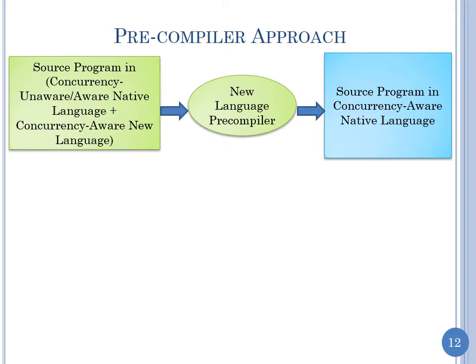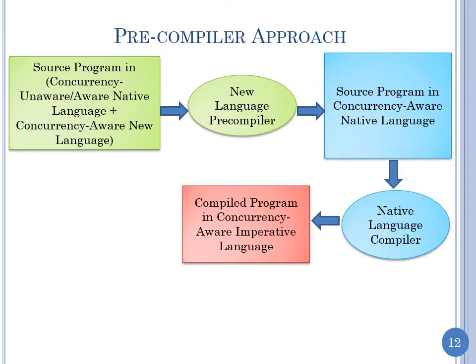So I can imagine taking C plus the C pragmas, converting that into Java. Nobody does that. Or I can just convert it into Java, which is concurrency-aware anyway. And that goes to a native language compiler, and now you have a concurrent program in a concurrency-aware imperative language.